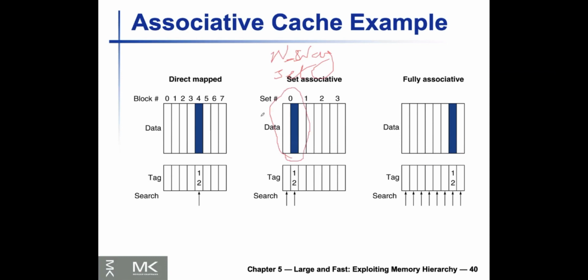So n is 2, right? You have 2 blocks to search, and when you go up to the highest level of what you have, that will effectively be called a fully associative. Each of those could be placed anywhere, right? That's why we call it fully associative.